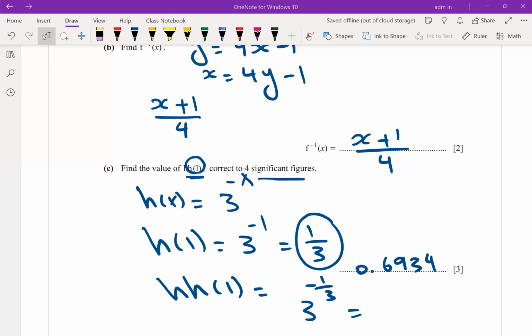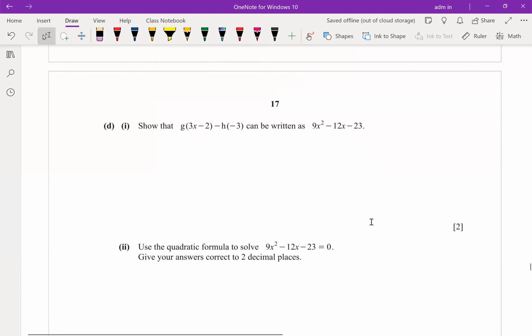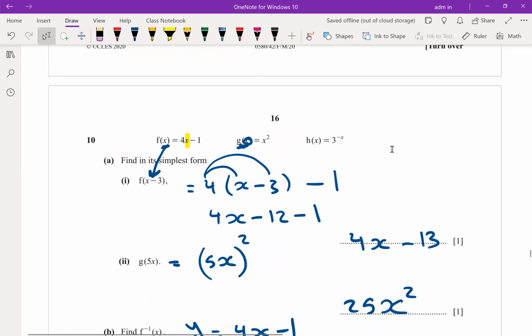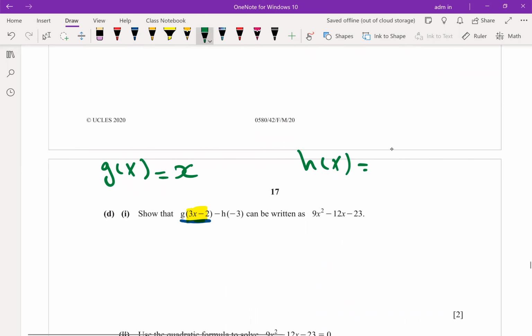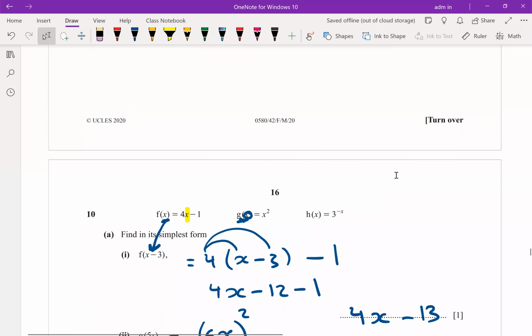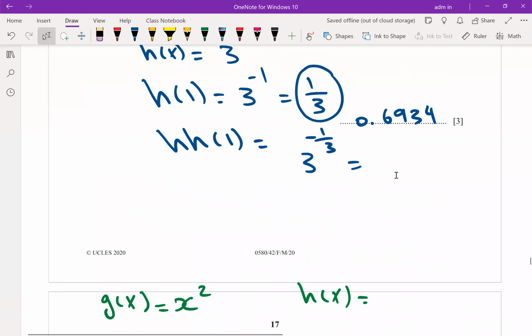0.6934 correct. Show that g of 3x minus 2 minus h of -3 can be written in this form. How to get g of 3x minus 2? Remove x and replace with 3x minus 2. I will write both functions first. G of x is x squared, and h of x is 3 to the power of minus x.